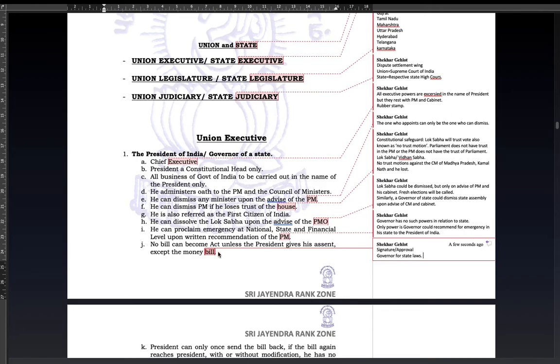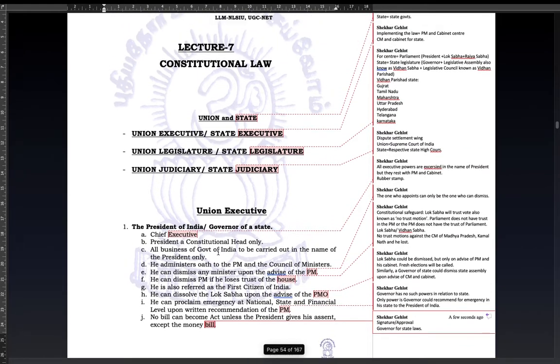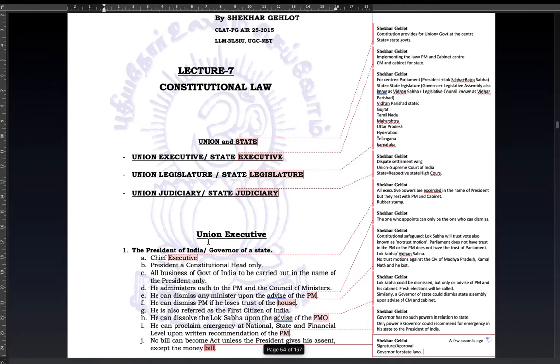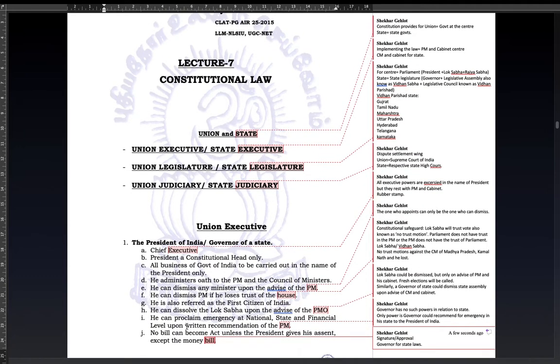Okay, except money bill. Money bill has been given a very special place in the Constitution of India. So any money bill passed by the Lok Sabha and then by the Rajya Sabha will automatically come into operation, and it will take the president's assent.